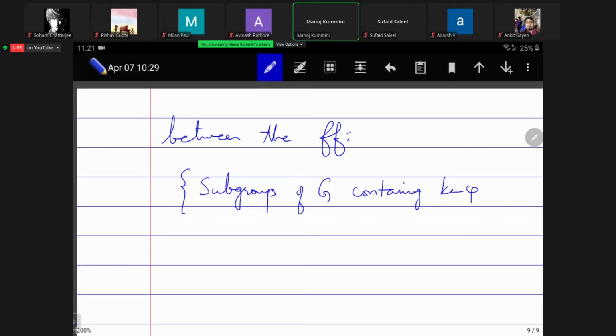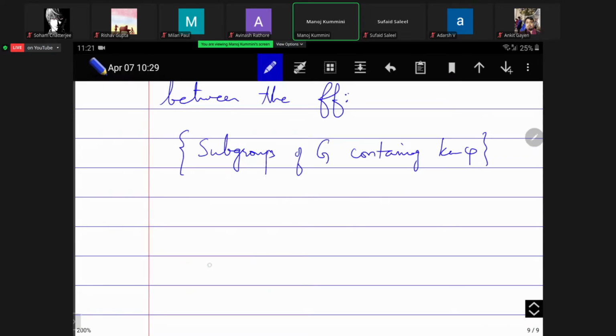And the second one is subgroups of G prime.